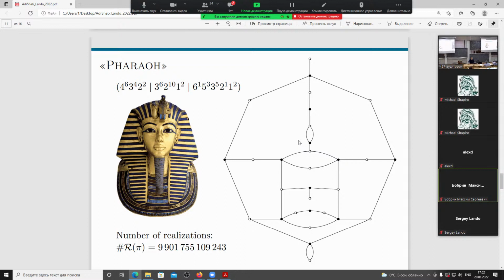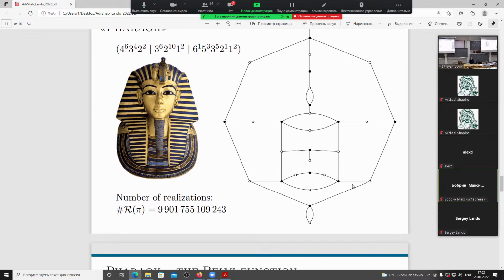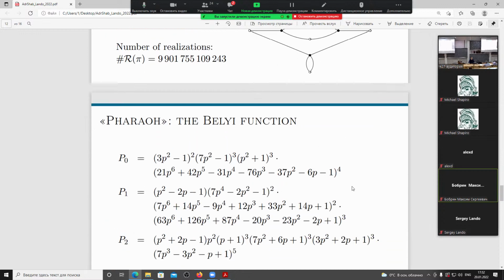And the side effect of the calculations which George presented us today is that we get the formula for the Belyi function of this dessin. Well, computation of a Belyi function is not an easy task, especially for 40 edges. It's quite a difficult task, but we get it just as a side effect.